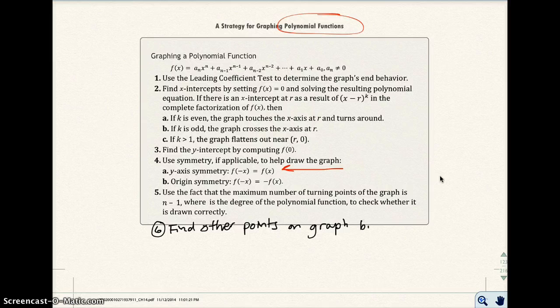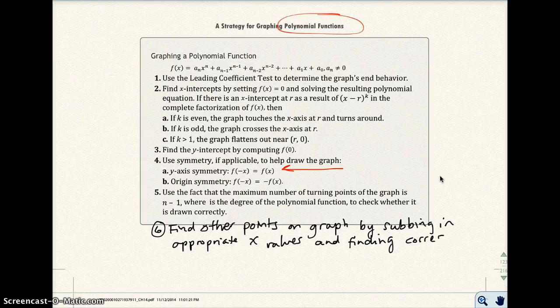by subbing in appropriate x values and finding corresponding y values.